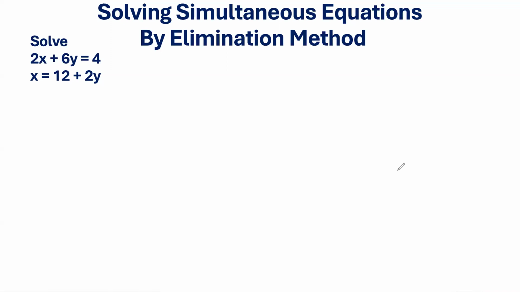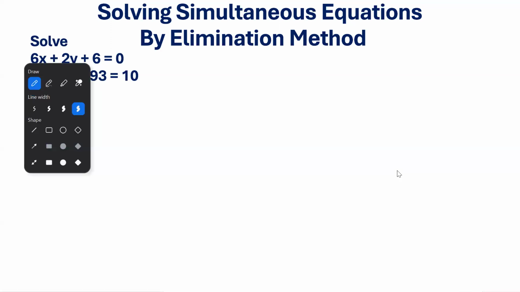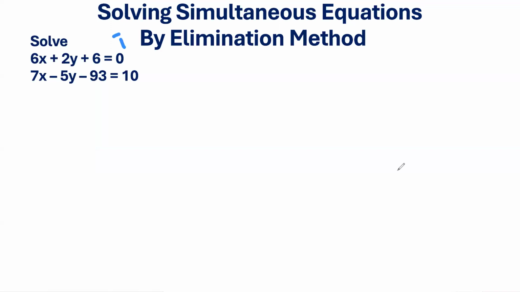Next question is 6x plus 2y plus 6 is equal to 0, and 7x minus 5y minus 93 is equal to 10. Let's solve it. Equation 1 and equation 2. We have to solve by elimination method.